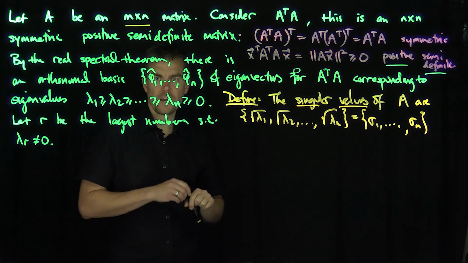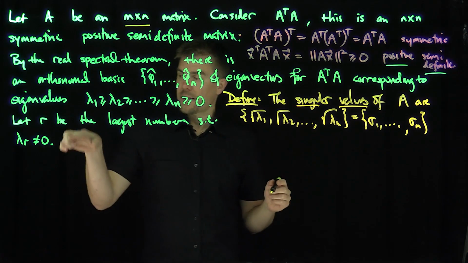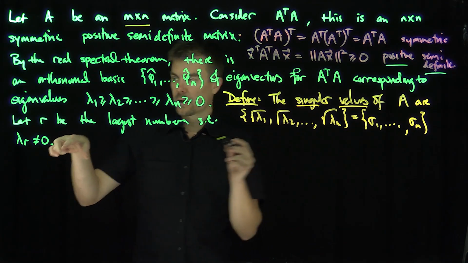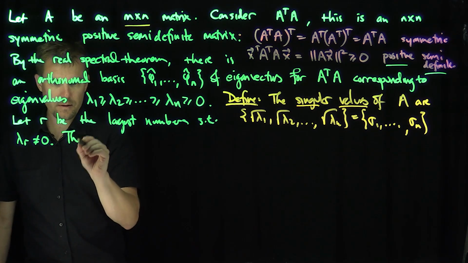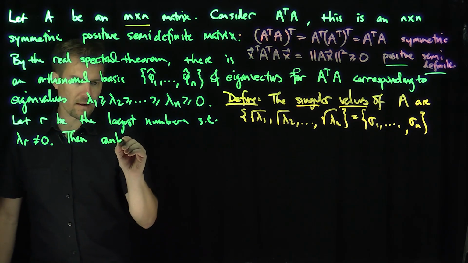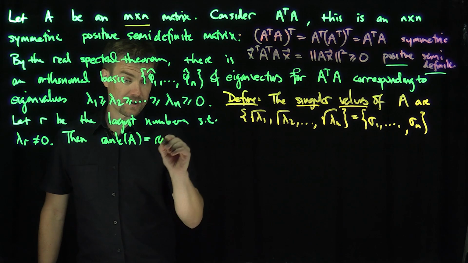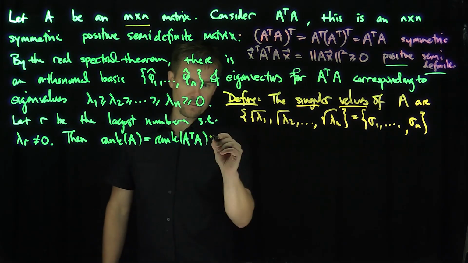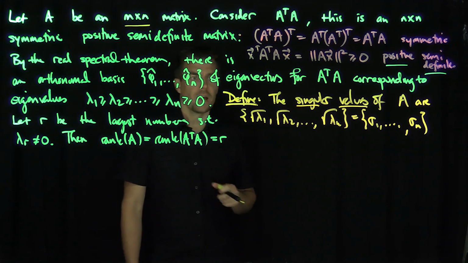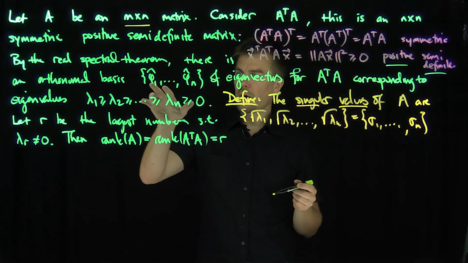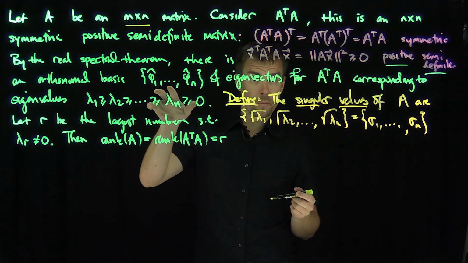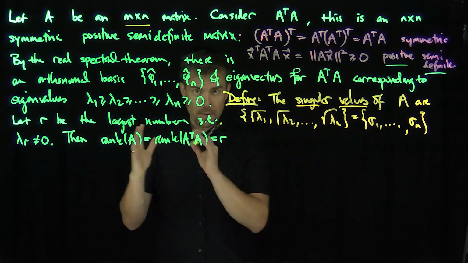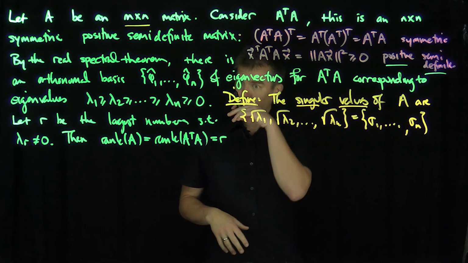That tells us automatically that the rank of A, which is the same as the rank of A transpose, as we proved in the previous video, is equal to r. The first r vectors phi 1 through phi r in this orthonormal basis give me almost all the information I want about the matrix A. The rest of the information is contained in the null space of that matrix.